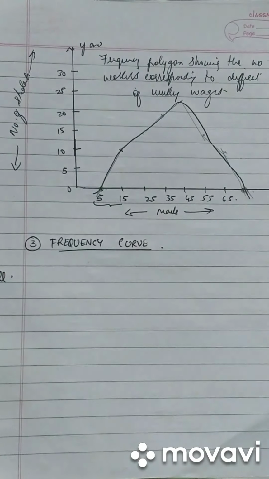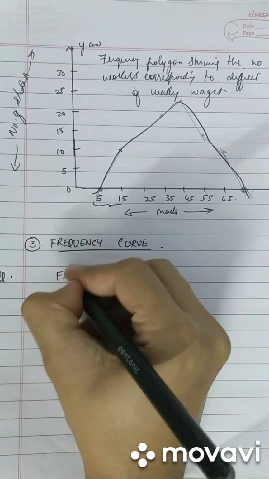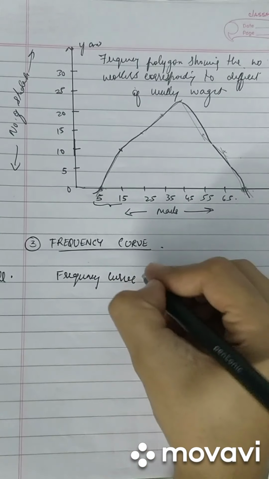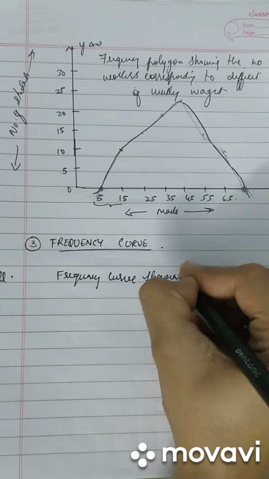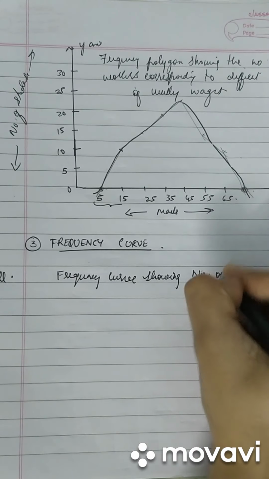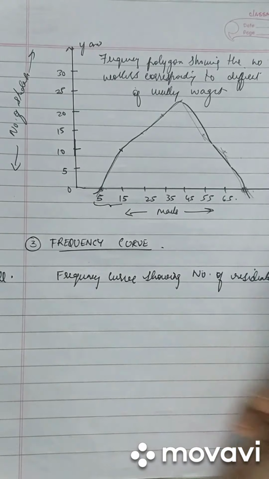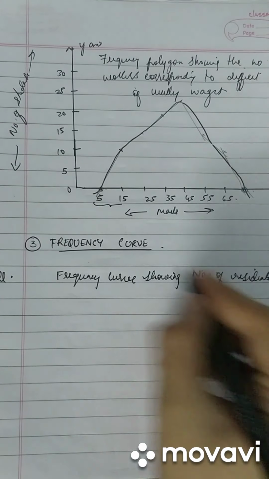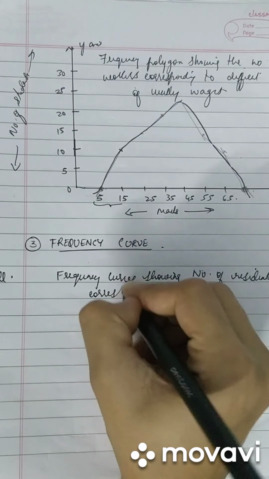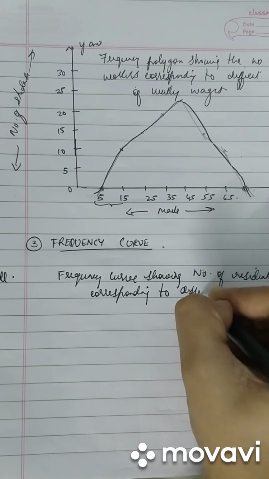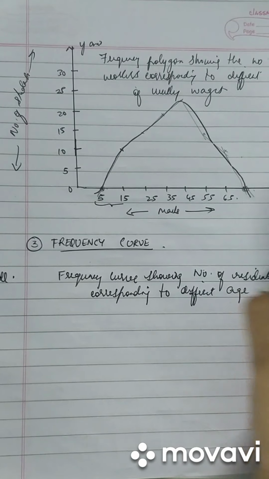So first thing is write down the heading. Frequency curve showing number of residents corresponding to different age groups.